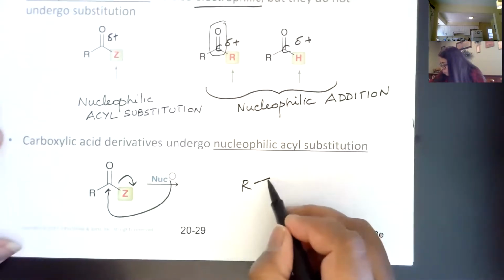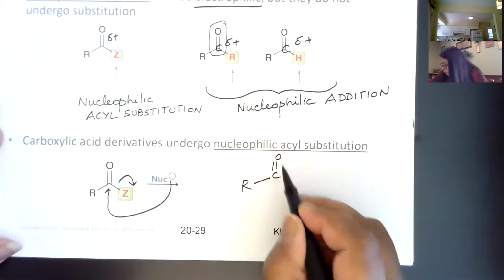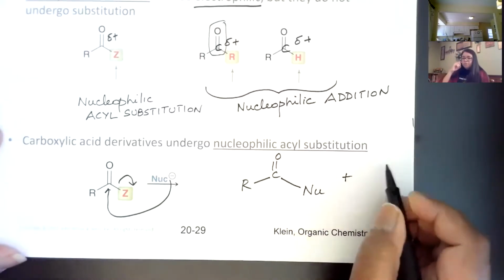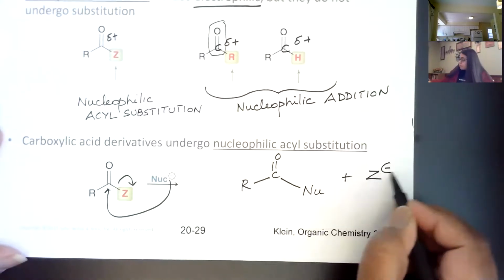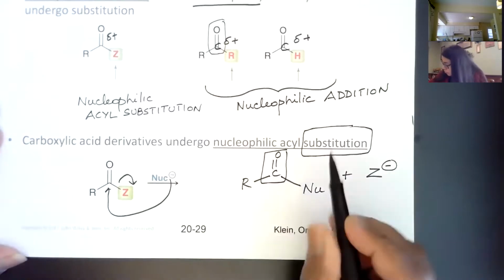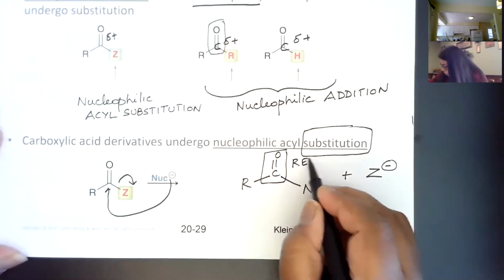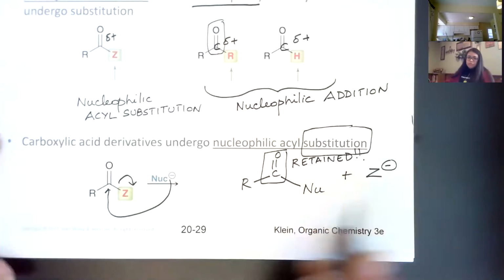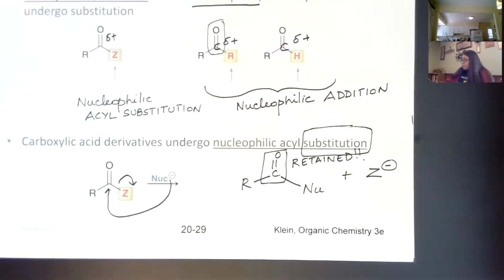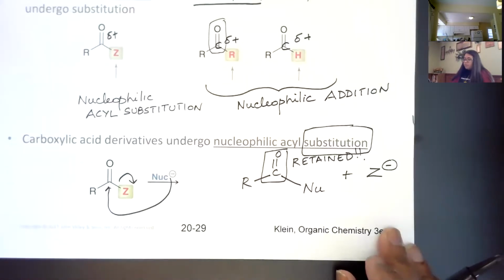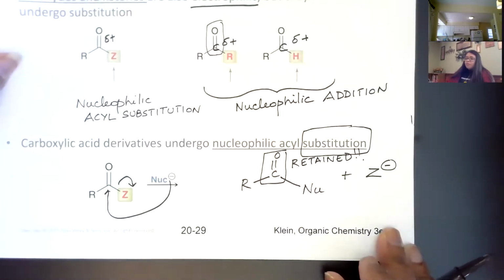In this case, the carbonyl is retained and the Z group leaves. So this is substitution, and the carbonyl group is retained. So you have to know the changes. Okay, how is it different? Got it?